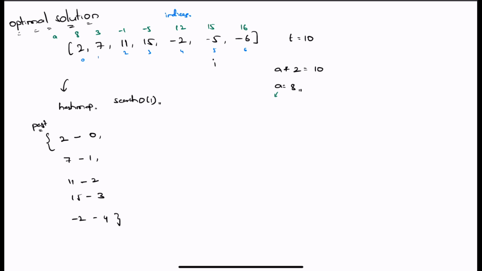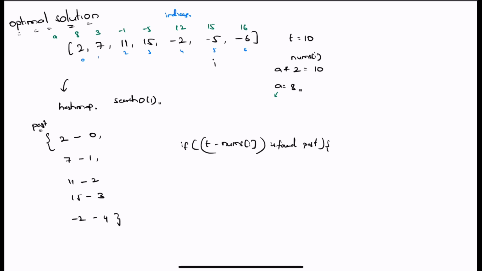So if you find the complement of the element, here the element is nums[i], so the complement is target minus nums[i], and it is found in the past data.